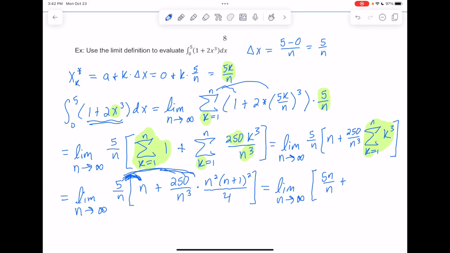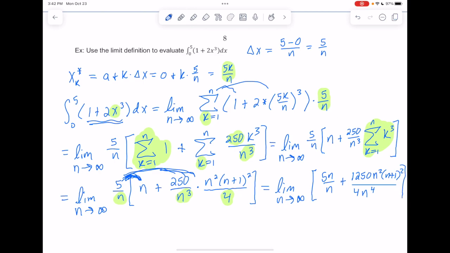So we have the 5 times 250 would be 1250. And then in the numerator, we also have the n squared and the n plus 1 squared. And then in the denominator, we have the 4 from right here. And then we take this n times those 3 n's, and we'll get an n to the 4th in the denominator also.